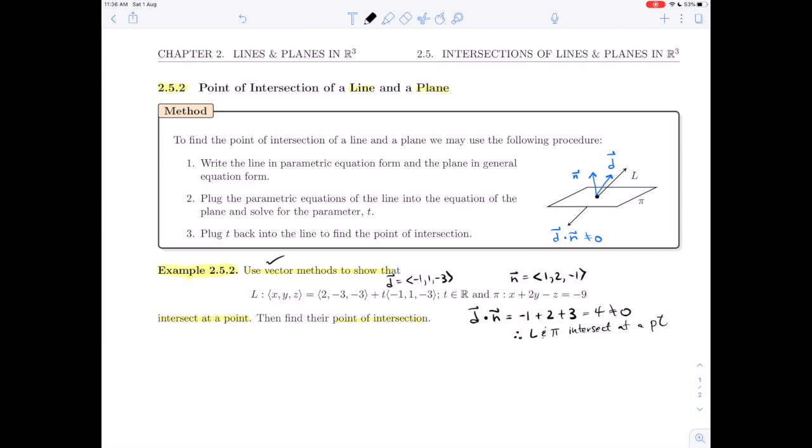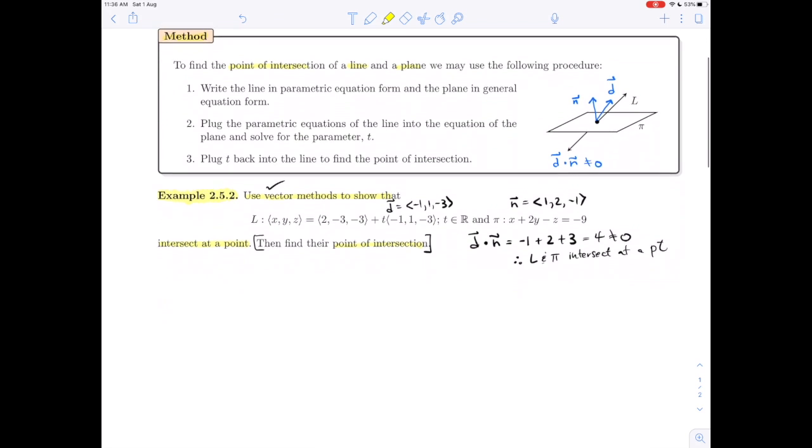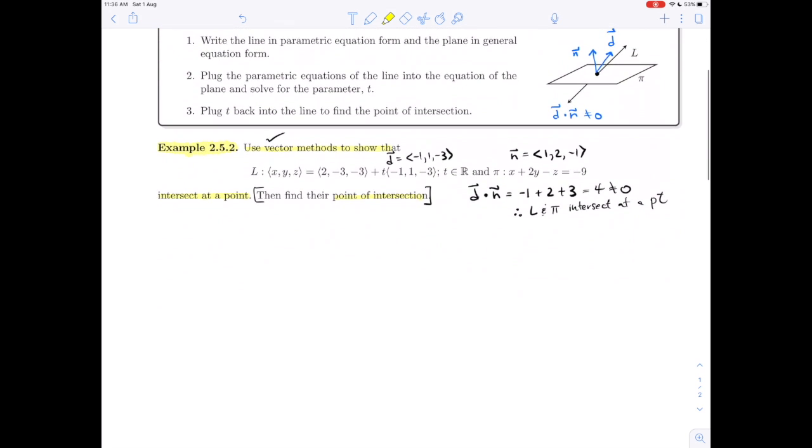So now we can go ahead and learn the method to find the point of intersection. In this method box, it says to find the point of intersection of a line and a plane, we can use the following procedure. First, we should write the line in parametric equation form and write the plane in general equation form.